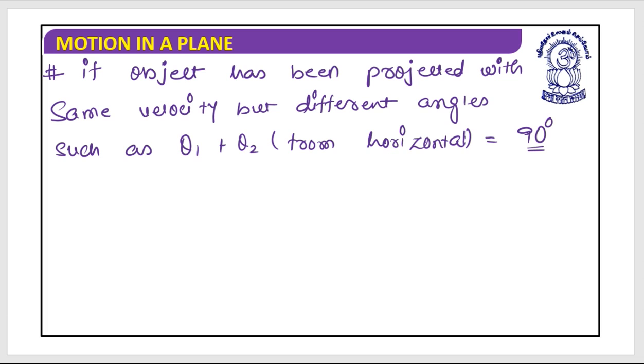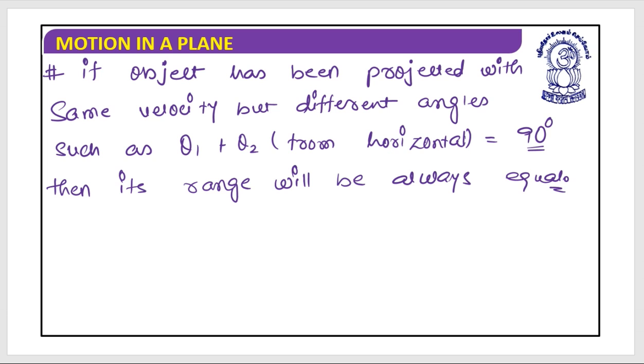Yes, if theta 1 plus theta 2 is equal to 90 degrees, then its range will be always equal.